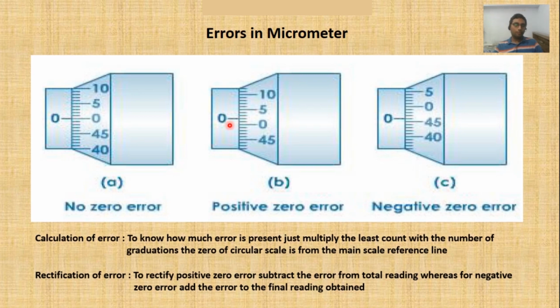So the dimension will be 45.04 minus 0.02, that is 45.02. Similarly, in case of negative zero error, you have to add the error to the final dimension obtained. So for example, if you obtain 45.05 mm, you have to add 0.04 mm to the reading to obtain the correct final reading, that will be 45.09.